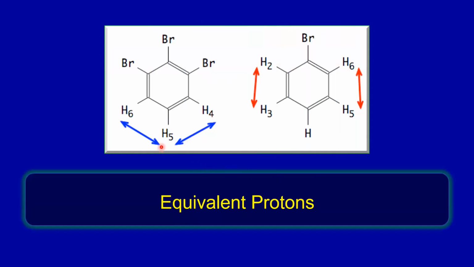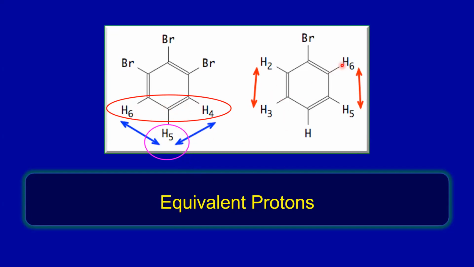Look at another example. Take these 2 protons, which are in a similar environment. This proton is different compared to these 2 protons. So look at the neighboring environment and decide whether those protons are equivalent or not.